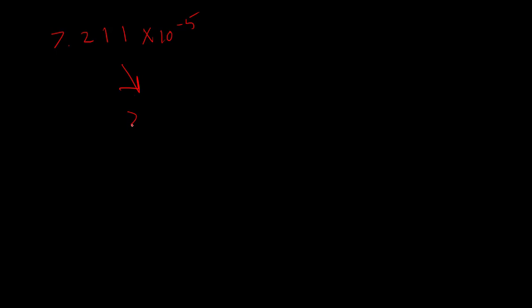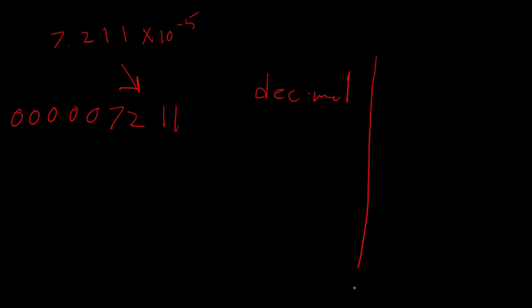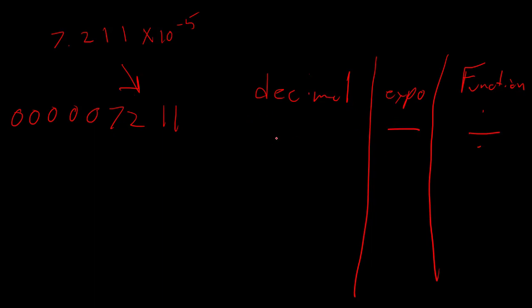So we can drop the number down. So the function is division because we have a negative exponent, and the decimal would move to the left, or L. And it would move 5 positions.